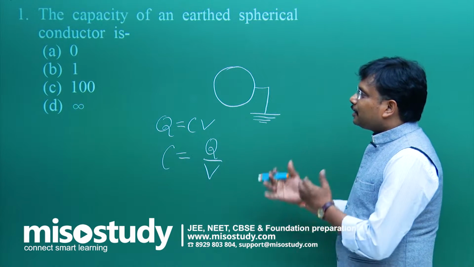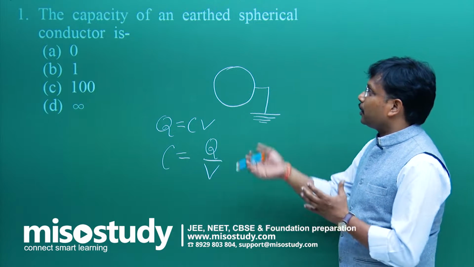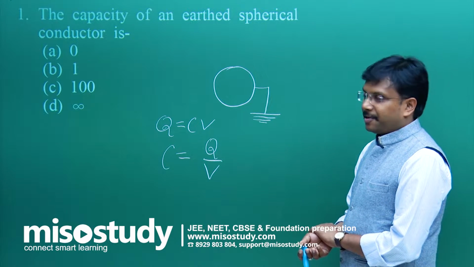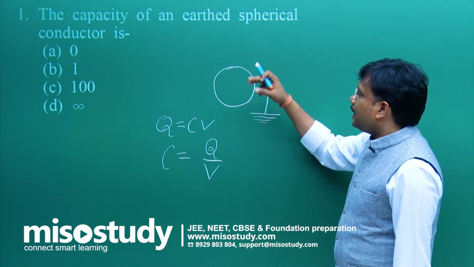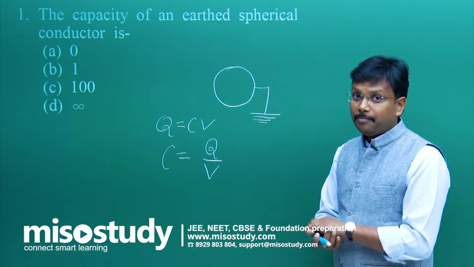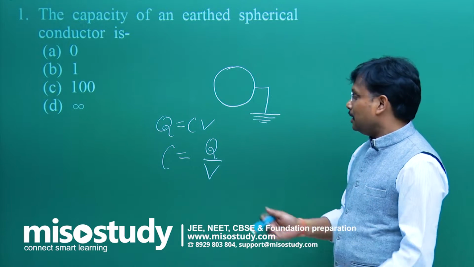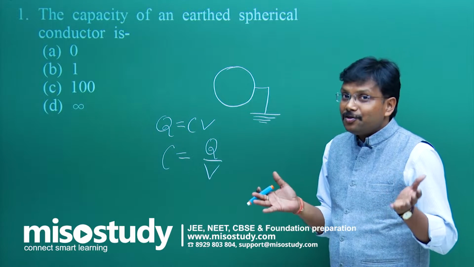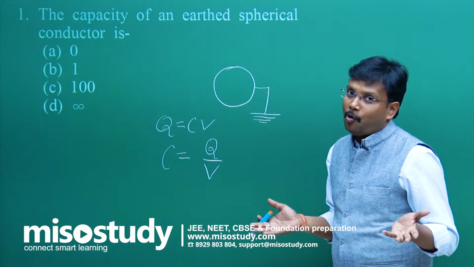Now we will try to find out how exactly you are going to get the value of this capacitance. Now you can provide any amount of charge to this conductor, not a problem, but because of this earthing phenomena, what will happen? This V is going to be 0, and if V is going to be 0, then something upon 0 is, you know what.